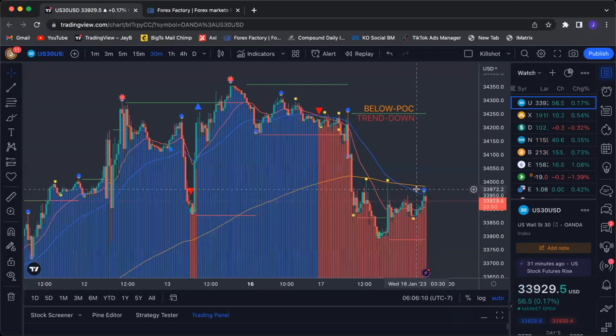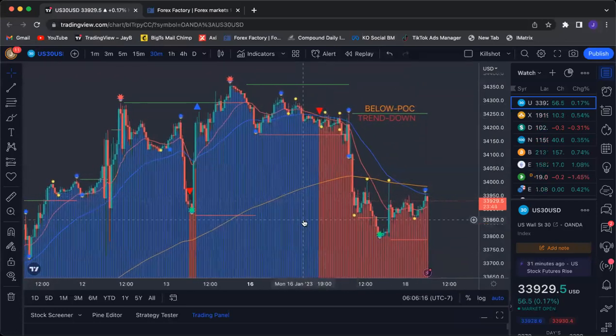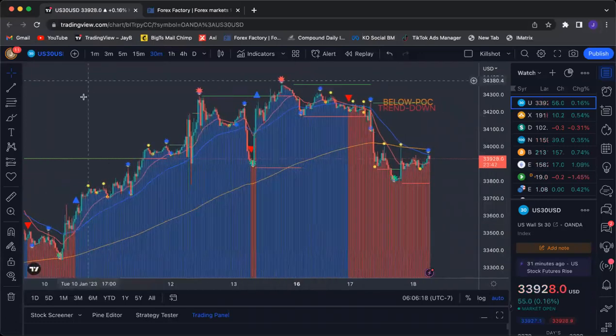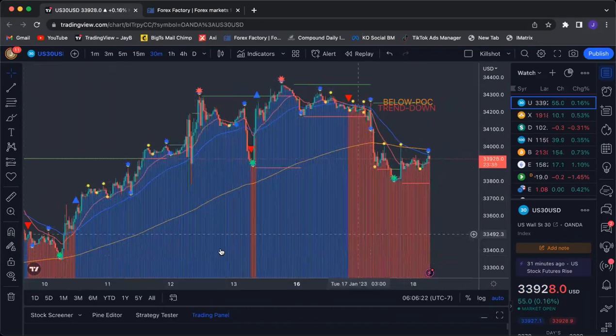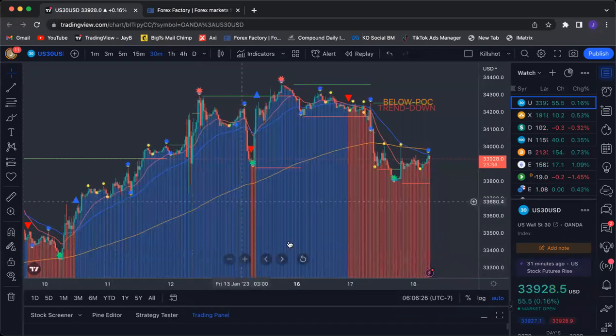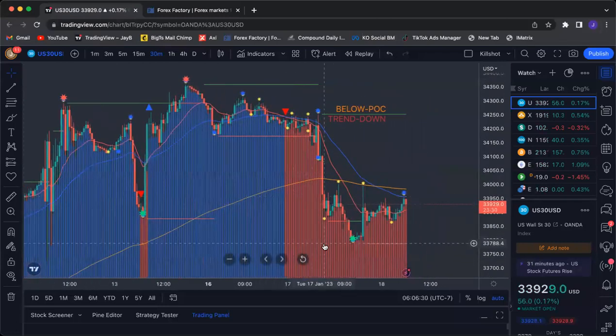Now, the big difference here with the point of control and the reason we use it is that when you first sign up for TradingView, you get this bottom box down here that has a volume profile, right? Up and down volume. That volume is what we call time-based volume.